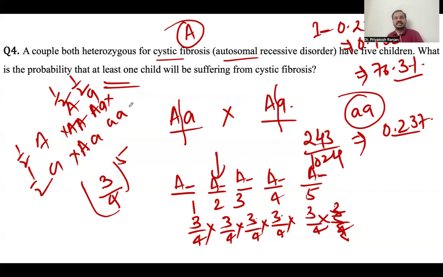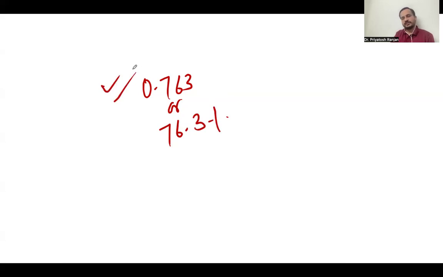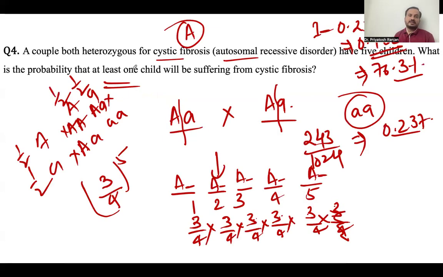The probability that at least one child will be suffering from cystic fibrosis is 0.763. You should rather mention it in the form of 0.763, which makes much more sense, and not as a percentage. So there is a 0.763 probability that at least one child is suffering from cystic fibrosis.